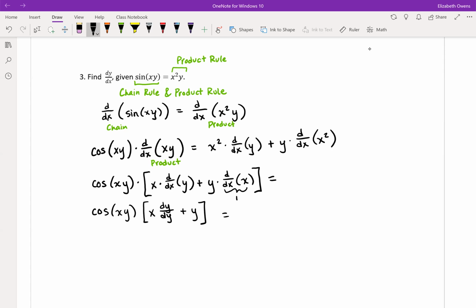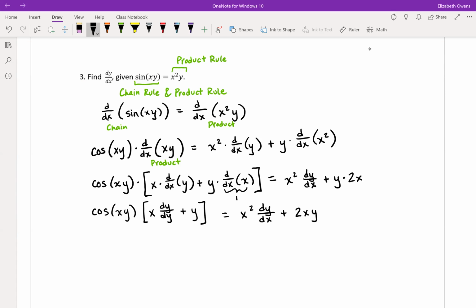There we go. So that's x squared dy/dx plus y times 2x. We'll clean that up a tiny hair: x squared dy/dx plus 2xy.